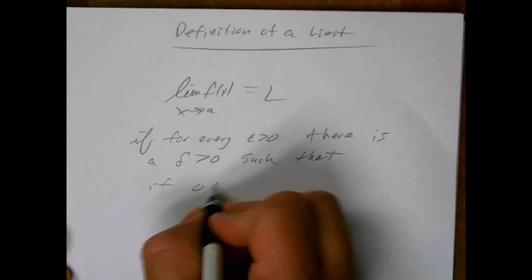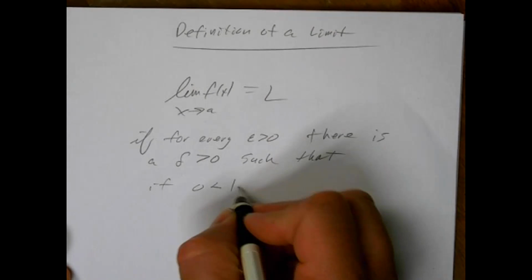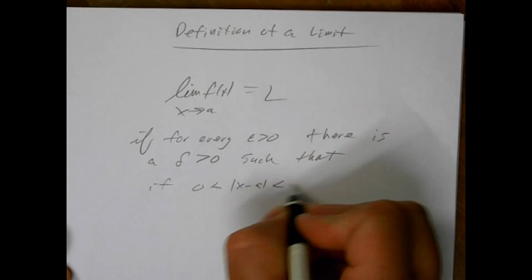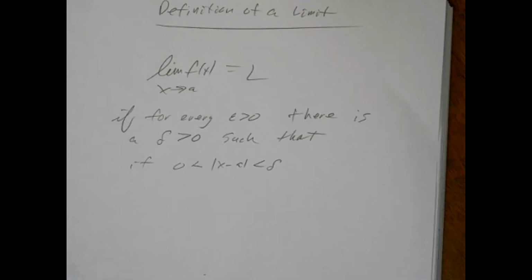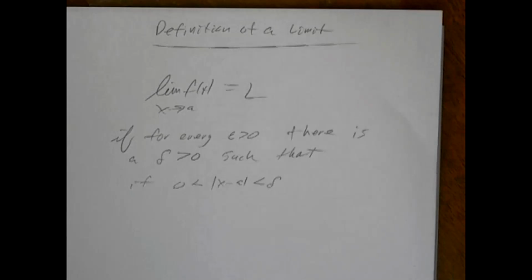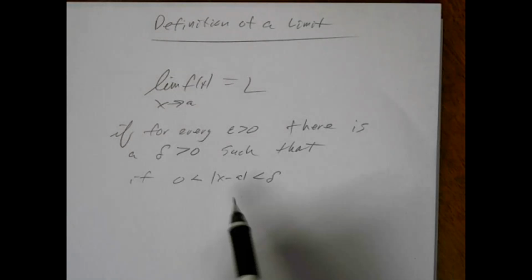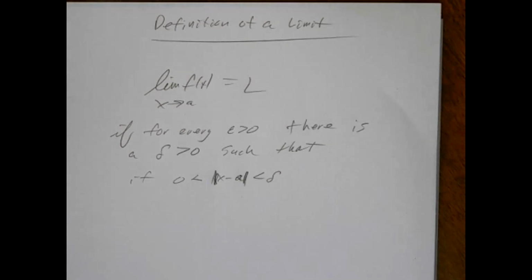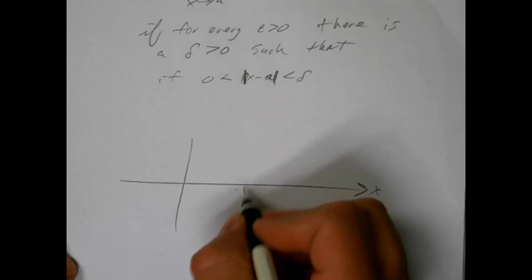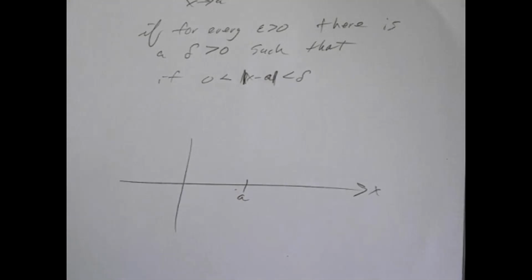if 0 is less than the absolute value of x minus a, which is less than delta. This statement actually says a lot. It may look like a fairly simple statement, but there's a lot here. First of all, when you have x minus a in absolute value like this, you should interpret this to mean that you are on the x-axis and there's a number a on that x-axis.